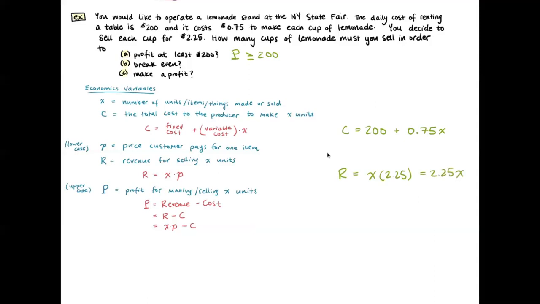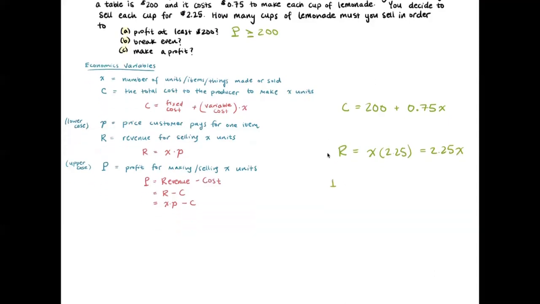Now we can find our profit equation. This will be revenue minus cost. So it's 2.25x minus, now we're subtracting cost, and cost is a binomial.